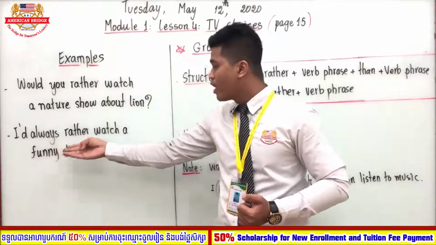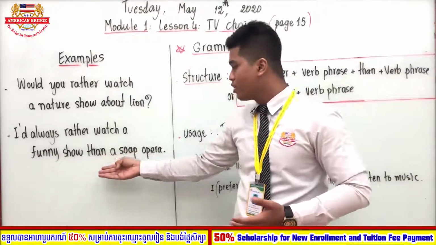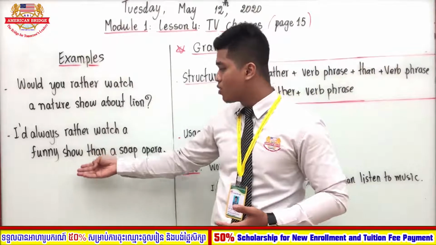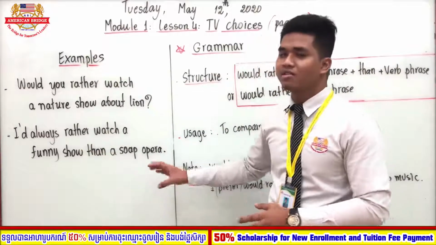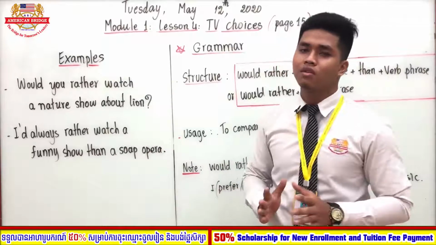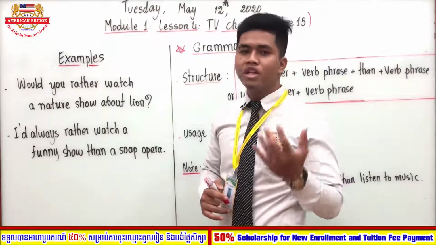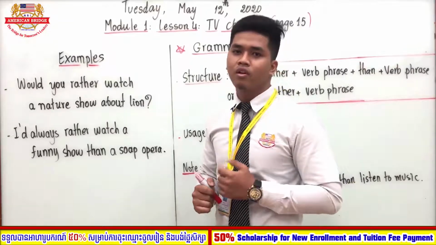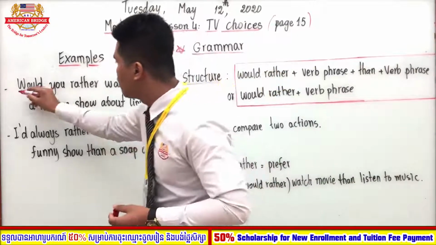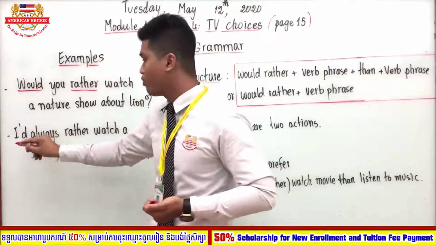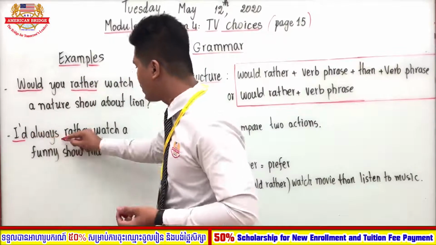I'd always rather watch a funny show than a soap opera. Okay, so this is the example from our conversation. I think all of you already noticed the structure on the whiteboard. We use the words would rather, and here is the short form of would rather here.